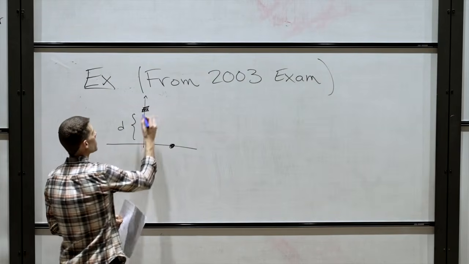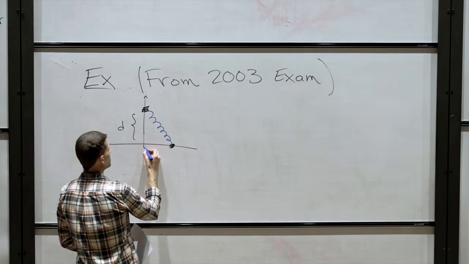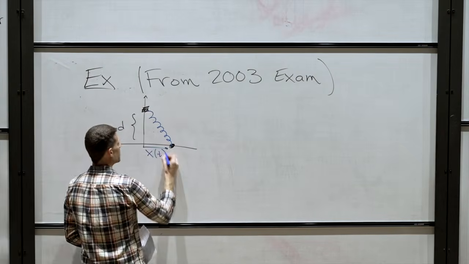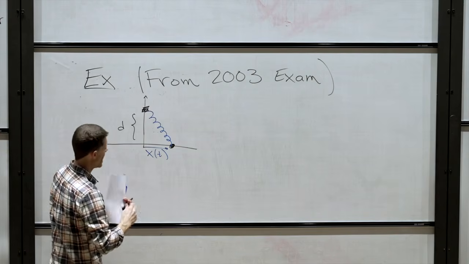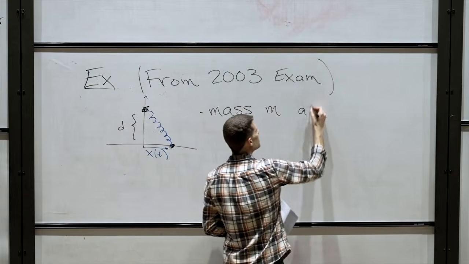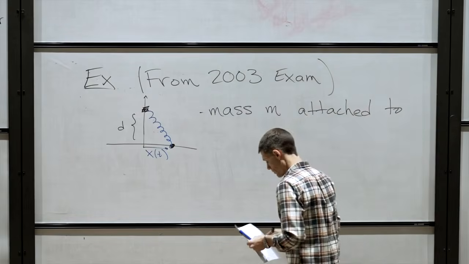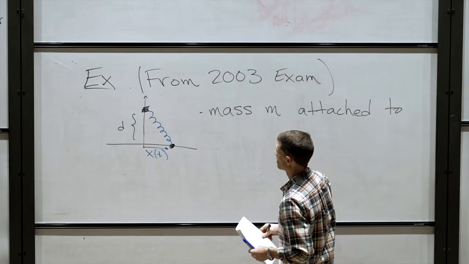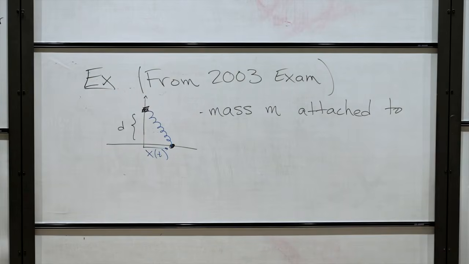Okay. And let's call this distance x of t. And then what we'll suppose is that we'll have a mass m attached to, actually let's say it this way.